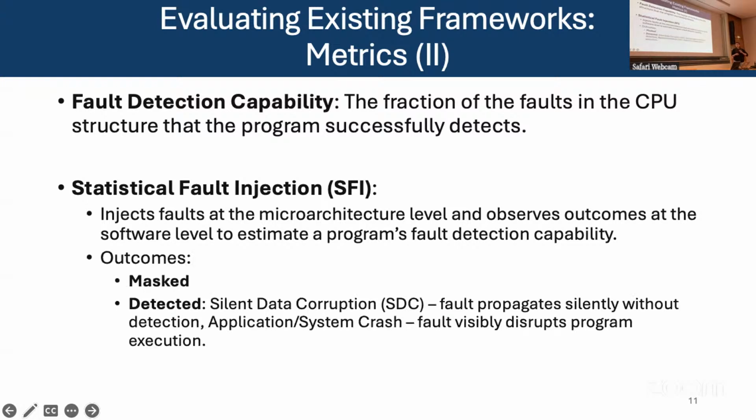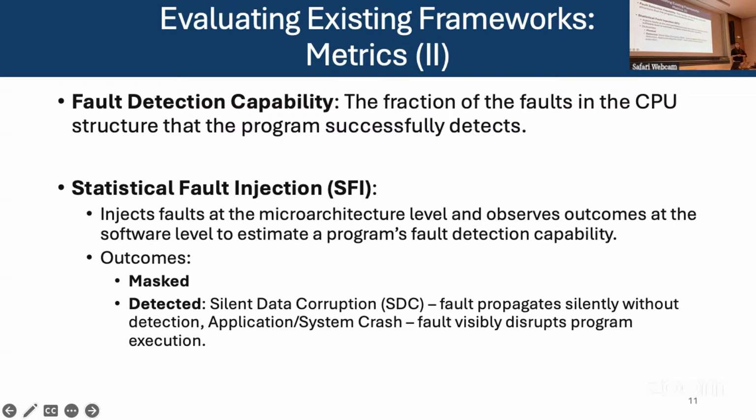Here we have 2 different outcomes. The first possibility is masked, which is when the program returns the correct, expected answer. The second is detected, which covers silent data corruption, for example when the fault propagates without disturbing the program, yet it returns an incorrect result, or an application or system crash, when the fault visibly disrupts program execution.